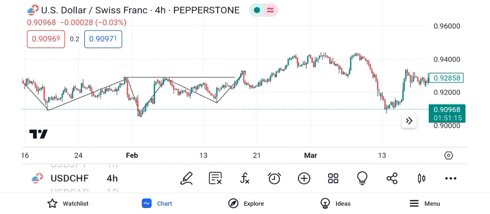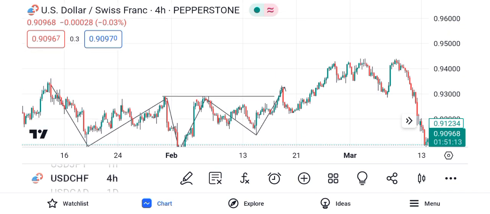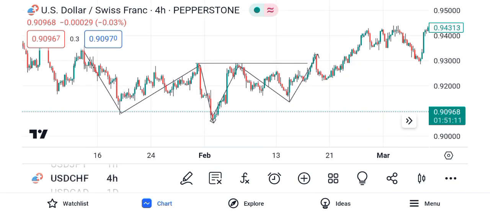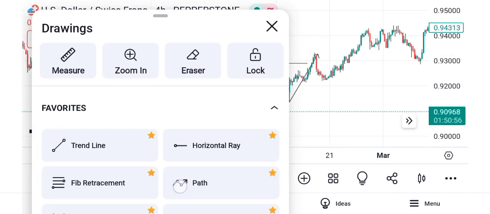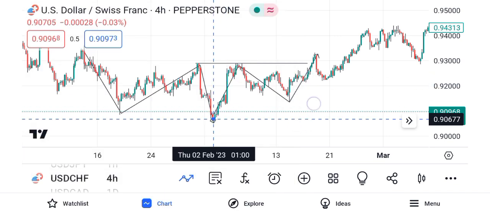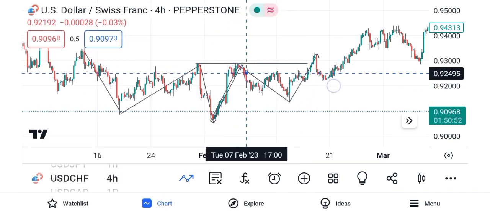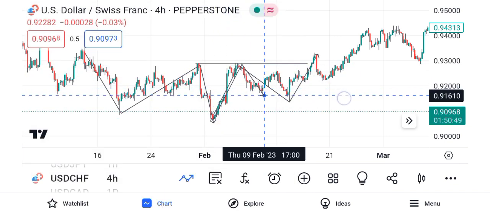So let me try and zoom in my chart so that I get a clearer picture of what I'm saying. You get to see what I'm doing over here. So we first had the market in a downtrend, then we marked out our recent lower high, which is this line over here. Then we saw the market doing this. So we saw the market giving us this retracement here, then thought this was an impulsive move.